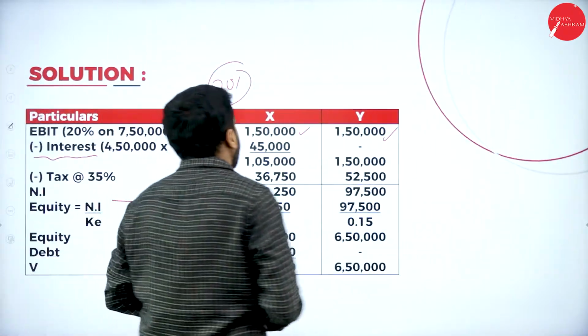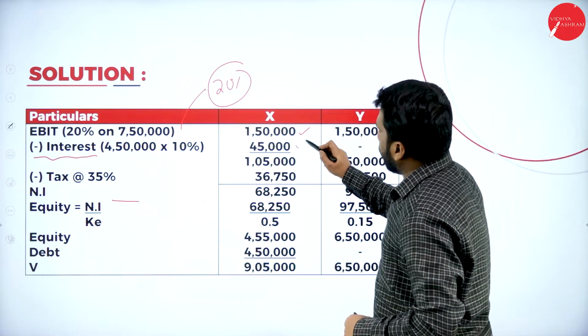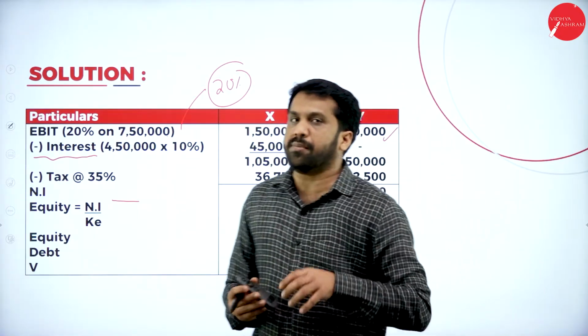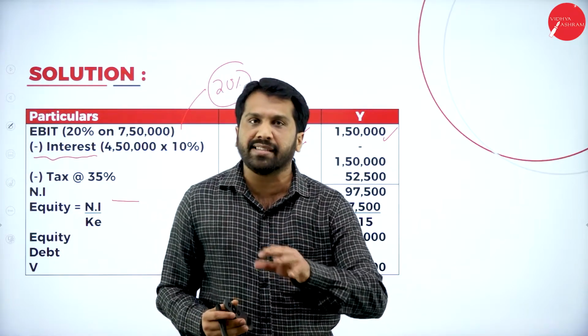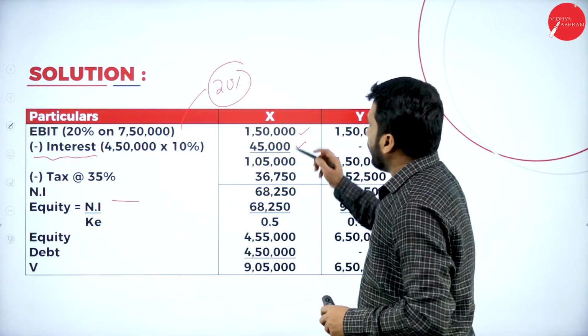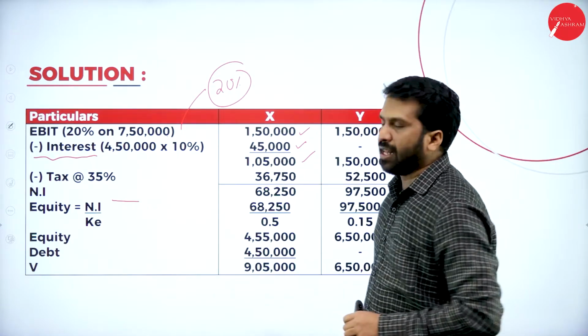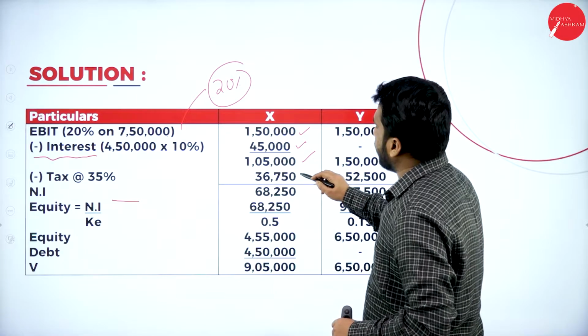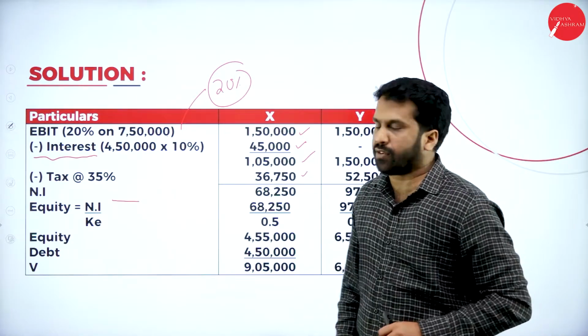But we take it only for X, not for Y. Why? Because in the question they have mentioned that debenture is applicable only for X, not for Y. 1,50,000 minus 45,000, we got 1,05,000. Fine. 1,05,000, your tax is 35%, 36,750.